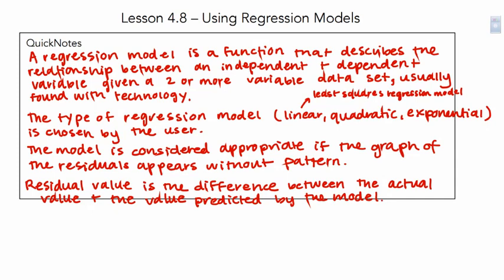Now you can be away from the actual value, but as long as it's scattered out all over the place and not really within a pattern of getting more and more away from the value in the positive, or more and more away from the value in the negative, then you've got what's considered a decent regression model.